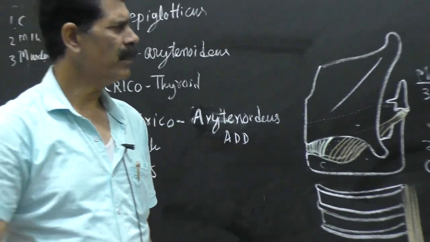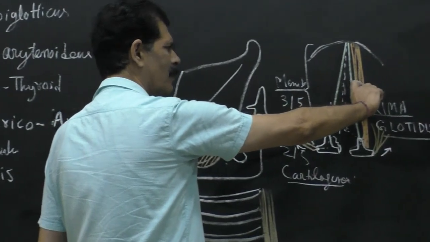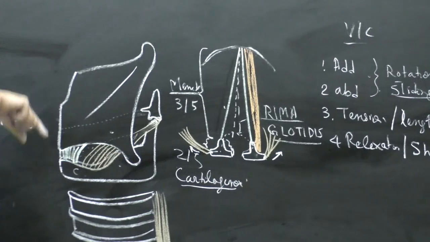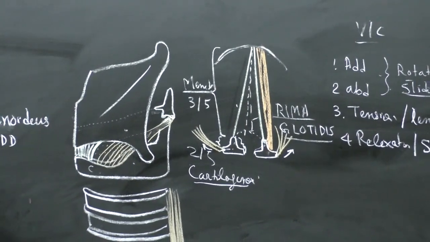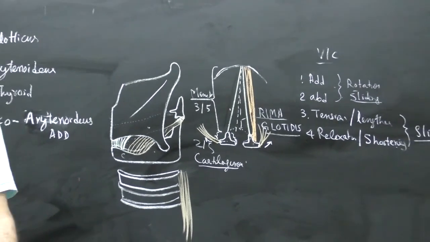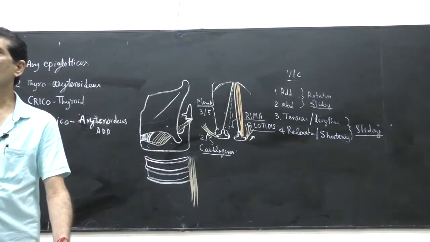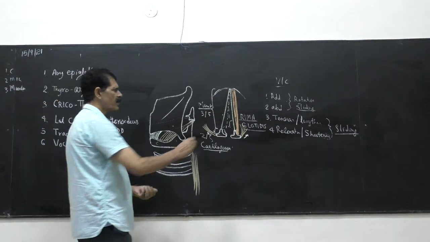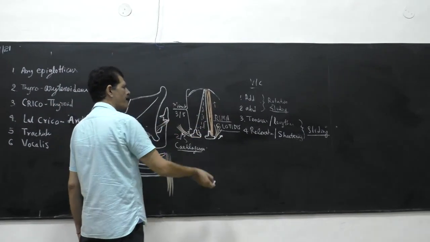So what will be the action? Whenever this muscle contracts, the origin structure doesn't move. What is moving is the insertion. The insertion is on the vocal process of the arytenoid cartilage. So when it contracts, in which direction will the cartilage move? Forward.